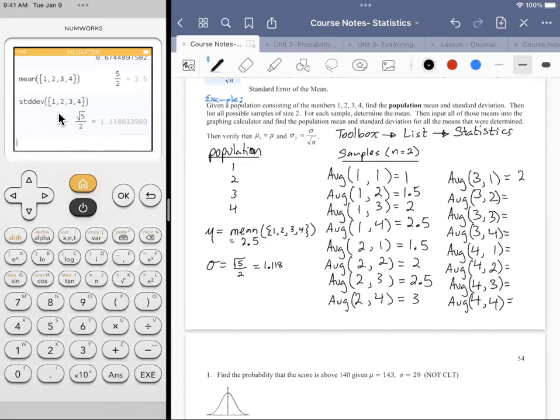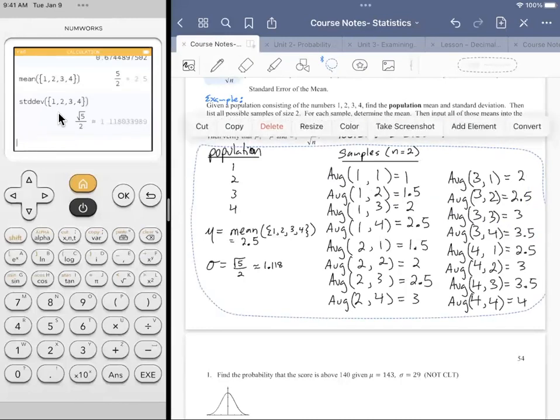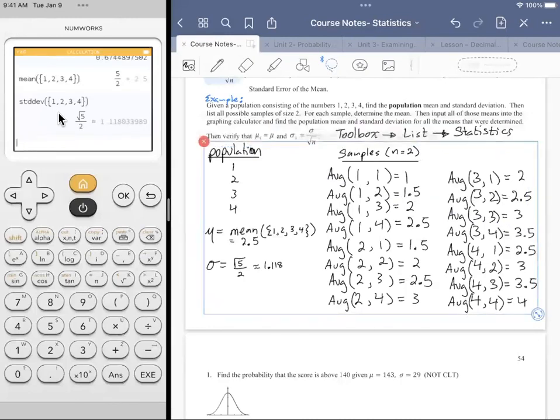So 2, 2.5, 3, 3.5, 2.5, 3, 3.5, and 4. Now this is a much bigger list. I actually have to resize a little bit so I can get a little bit more stuff on the right hand side there.